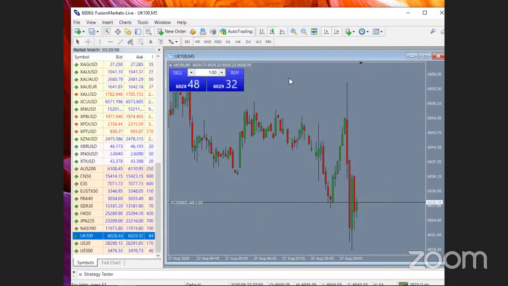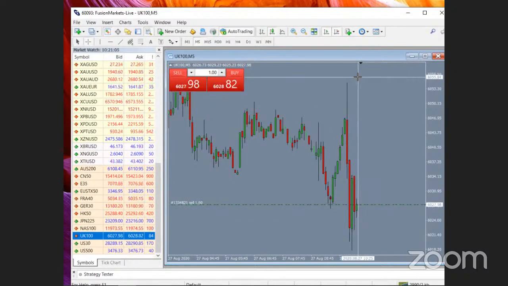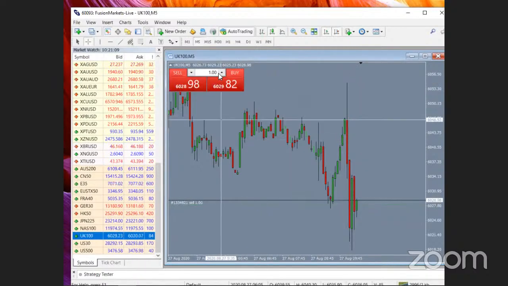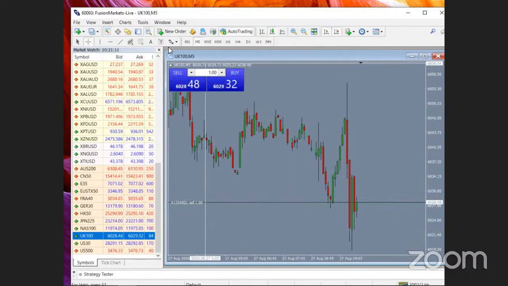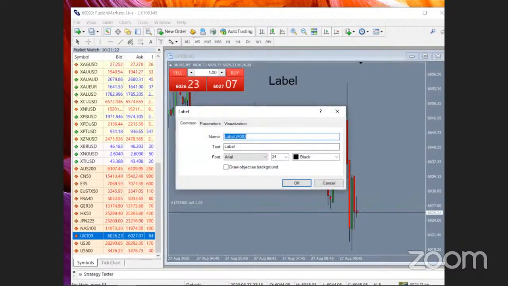I probably could write this up, but you've got around about the 60.28, with a stop loss at the highs here at 60.56. Let me write this in. I haven't got my full system here, but let's do it like this.